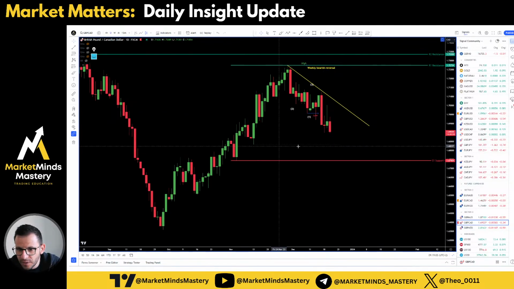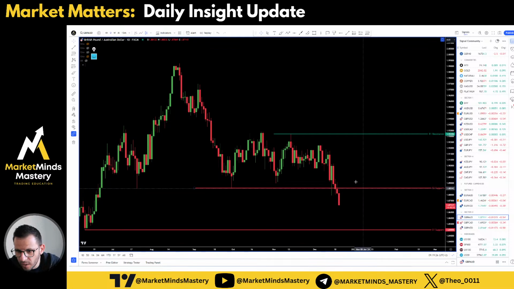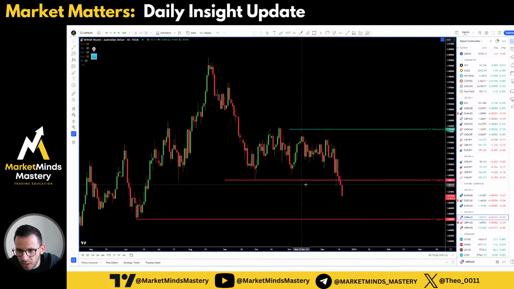So this is the support if you want to mark it on your chart. The low of this bullish engulfing is the support for now, so we want to have it on the chart. That's the pound Canadian dollar, and the pound Australian dollar as well drops below this support.